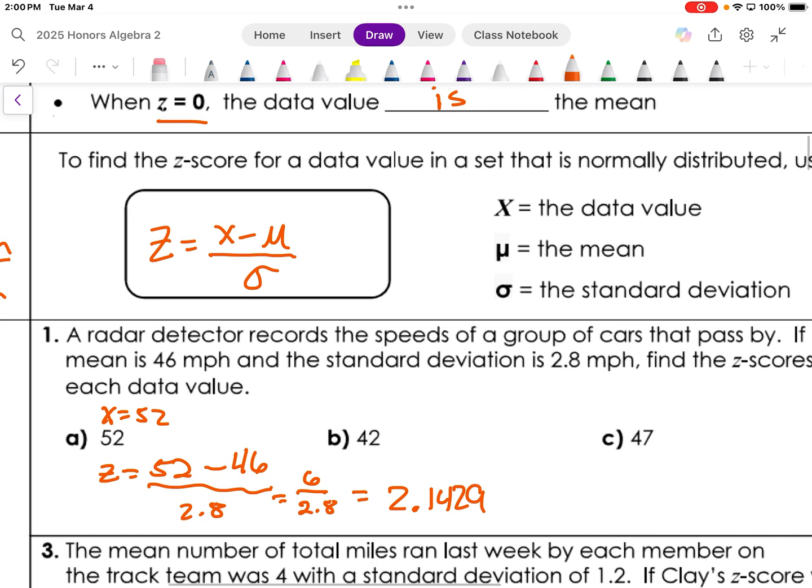All right, so now we're going to do the z-score for 42. Sometimes they denote it with a little subscript, z for 42 is how they write it. We would say 42 minus 46 over 2.8. So 42 minus 46 is a negative 4 divided by 2.8.